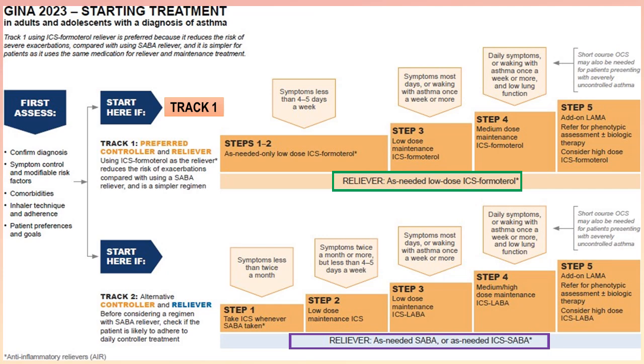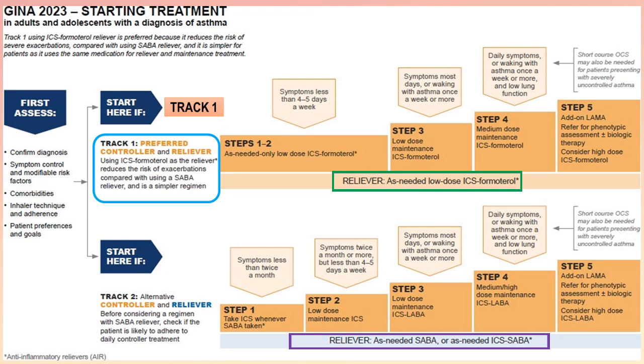With this approach, when a patient at any treatment step has asthma symptoms, they use low-dose ICS-formoterol in a single inhaler for symptom relief and to provide anti-inflammatory therapy. In steps 3 to 5, patients also take ICS-formoterol as their daily maintenance treatment. This is called maintenance and reliever therapy, MART.